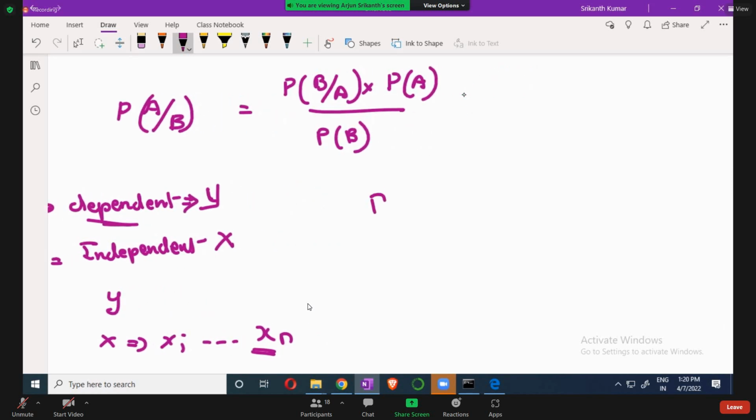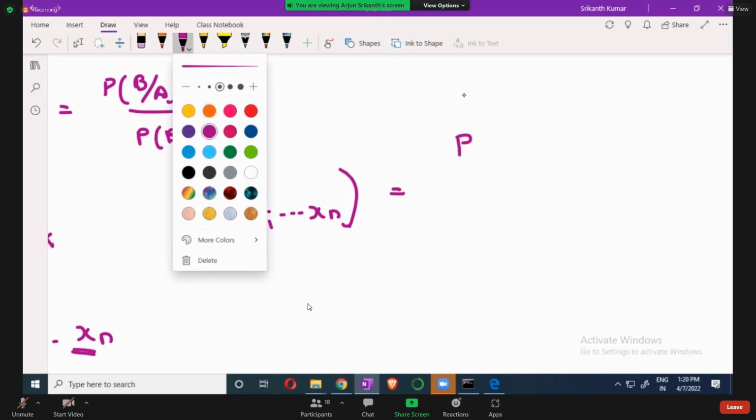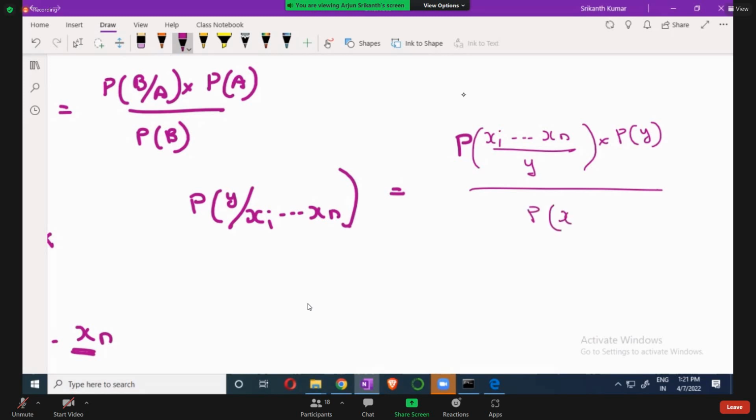Okay. Now probability of Y given X1 to Xn. Okay, guys. This is my left side. Now the right-hand side will become probability of X1 to Xn given Y into probability of Y divided by probability of X1 to Xn. Clear, guys?